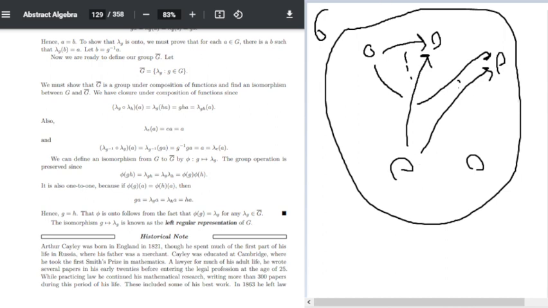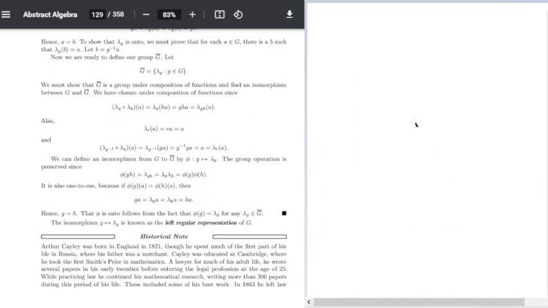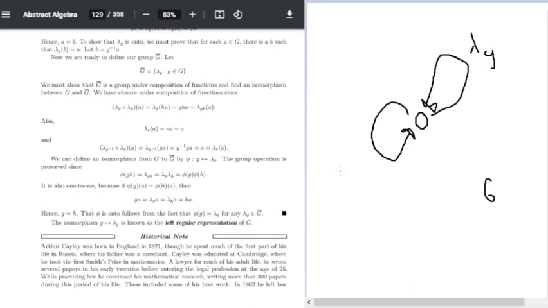However, we could also think of it another way. We can think of the group G as a single element, and what we actually care about are the functions from G to itself. Notice here that, for example, one function might be lambda g prime, while we just make sure we have one lambda e.